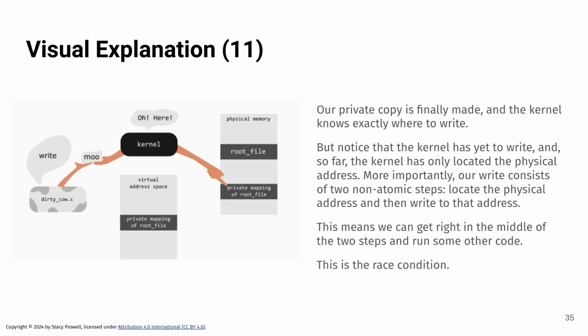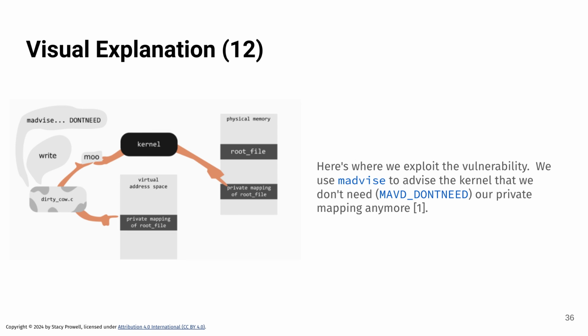This is what it's going to do. It's going to go ahead and create some memory for us, but we're going to jump in the middle of that and cause a race condition, hopefully to get around that. So it's creating a private mapping, a copy on write mapping, and we'll update our page table to point to that new private mapping. But before all that gets done, we tell the kernel, oh, you know what?